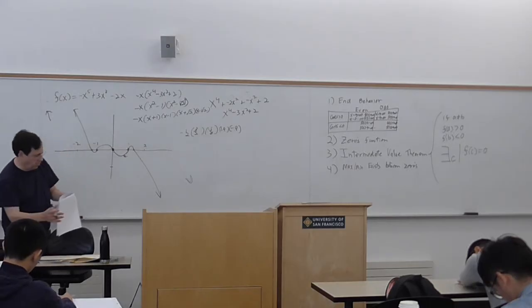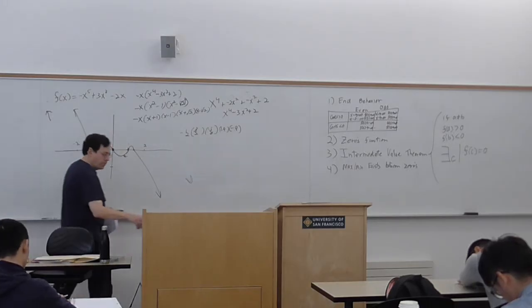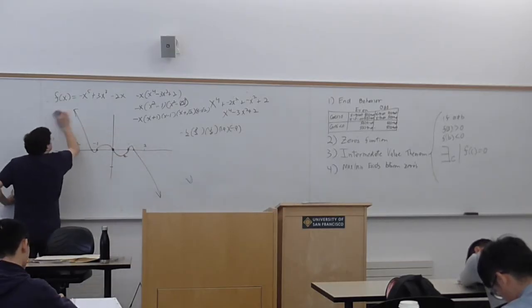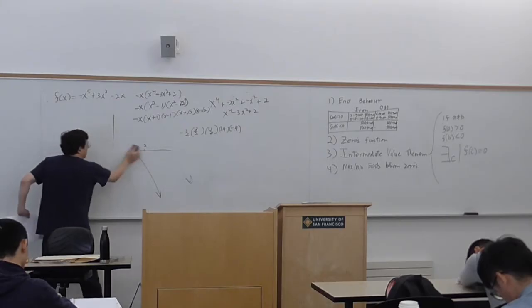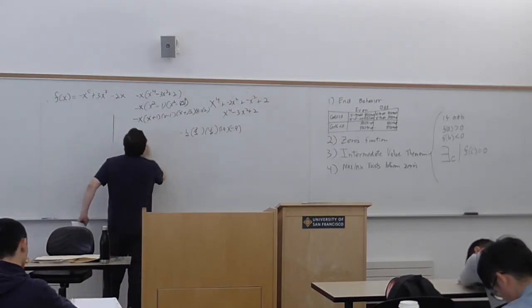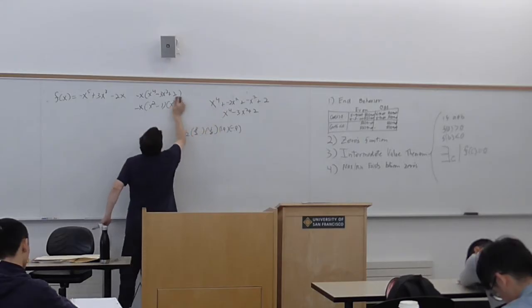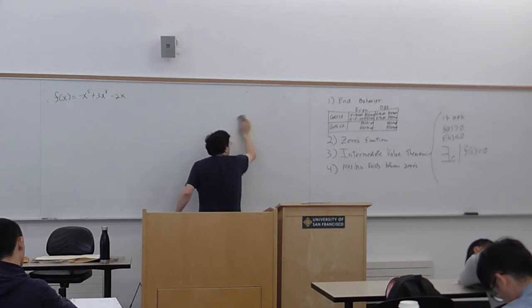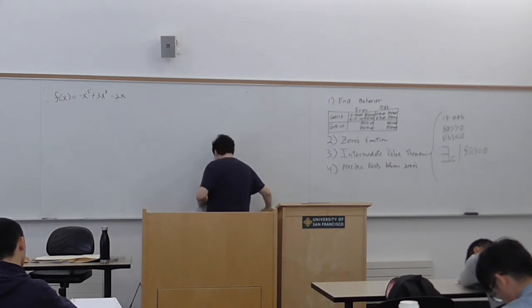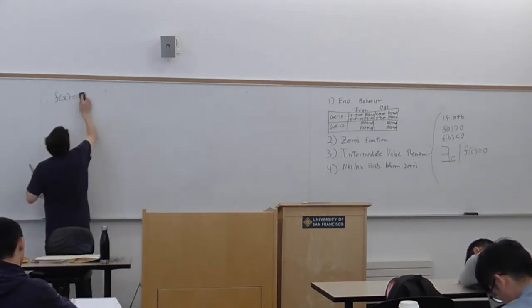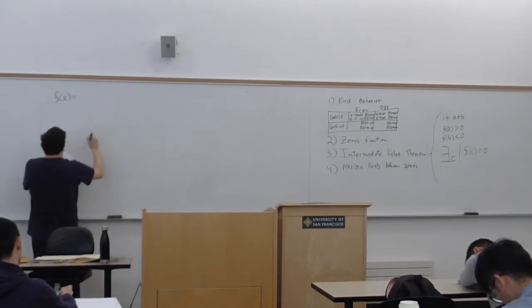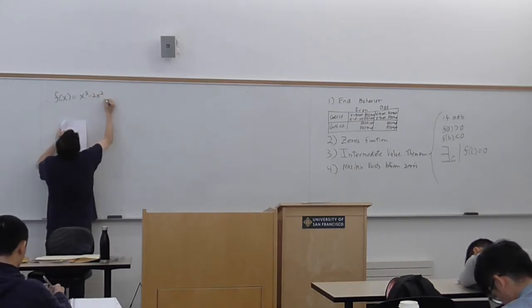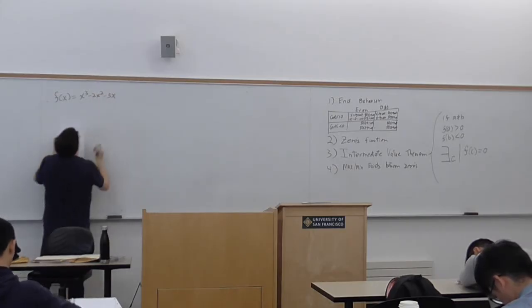All right, let's do one more, a little simpler one. Let's look at f of x equals x cubed minus 2x squared minus 3x.